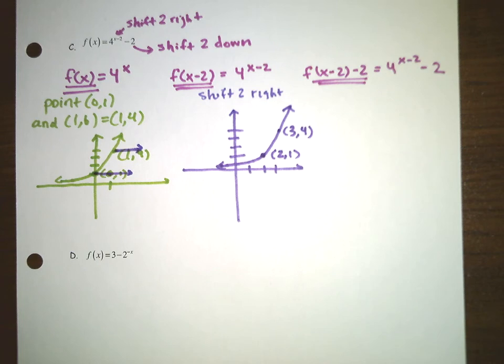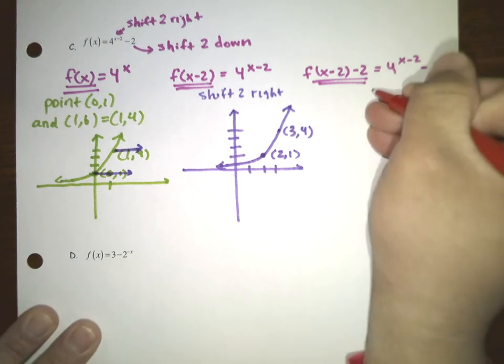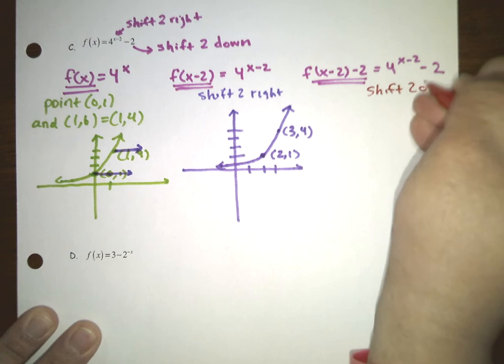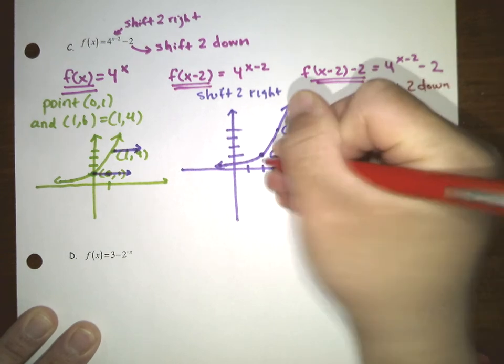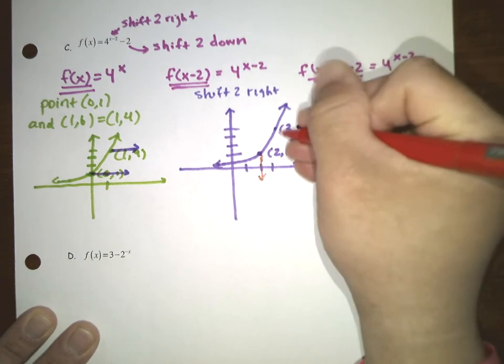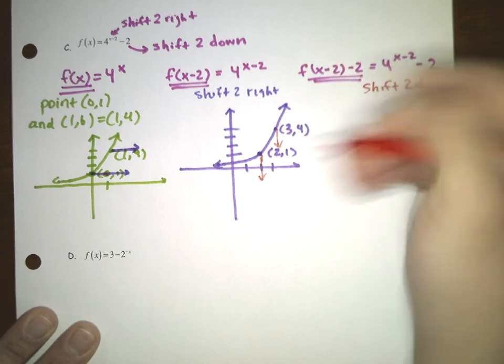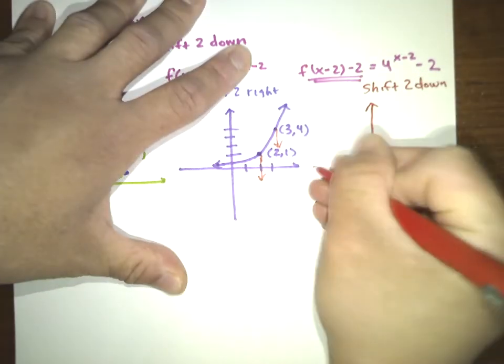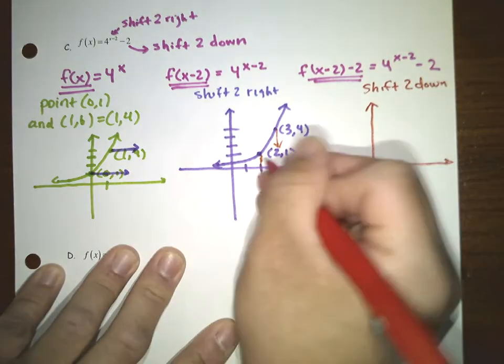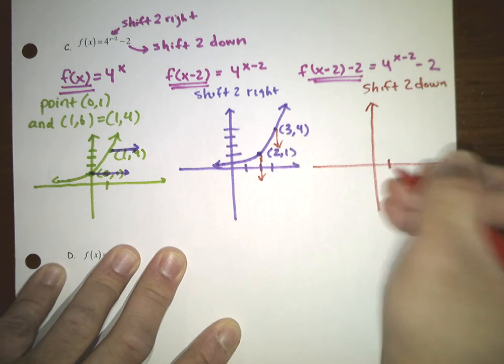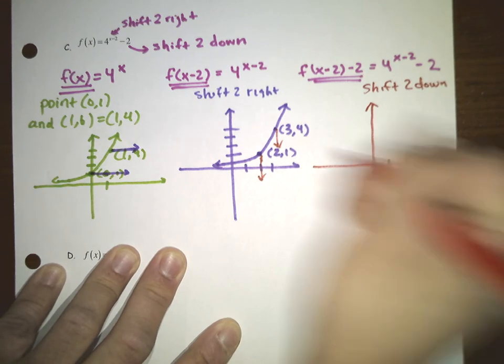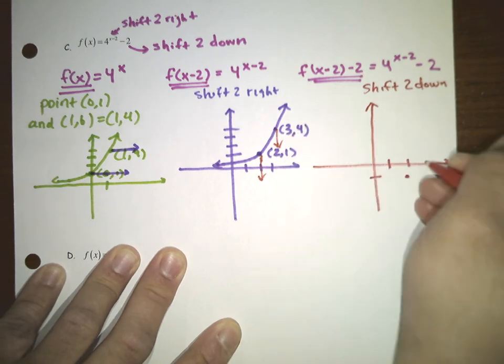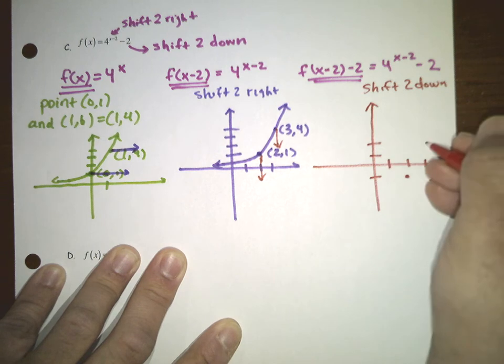And then if I shift again, and here, let me get a different color for this. All right, so if I shift 2 down, then I go 1, 2 down, 1, 2 down. So now the 2, 1 will become 2, negative 1, and the 3, 4 will become 3, 2.